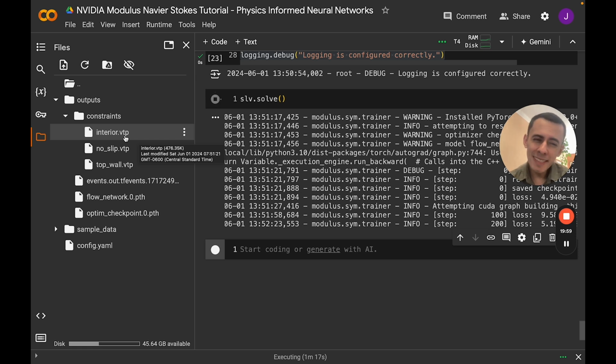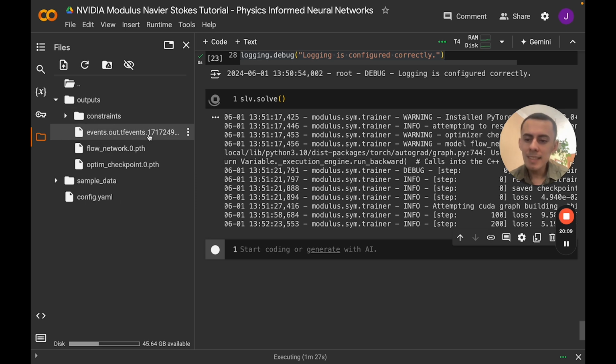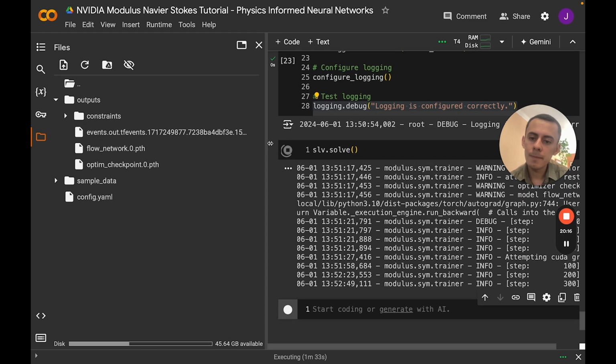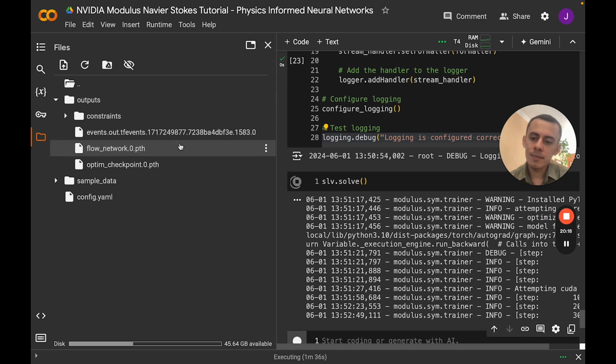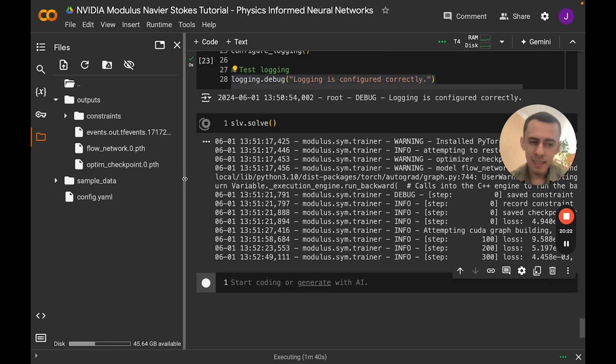But do you really need to visualize the interior and the constraints, the no-slip constraints, the top wall constraints? I don't care about that too much. So let's forget about that. Then there's a file here called events.out.tfevents. TF means TensorFlow. That's a TensorFlow file, and you can visualize that stuff with TensorBoard, and they tell you how to do it with TensorBoard.